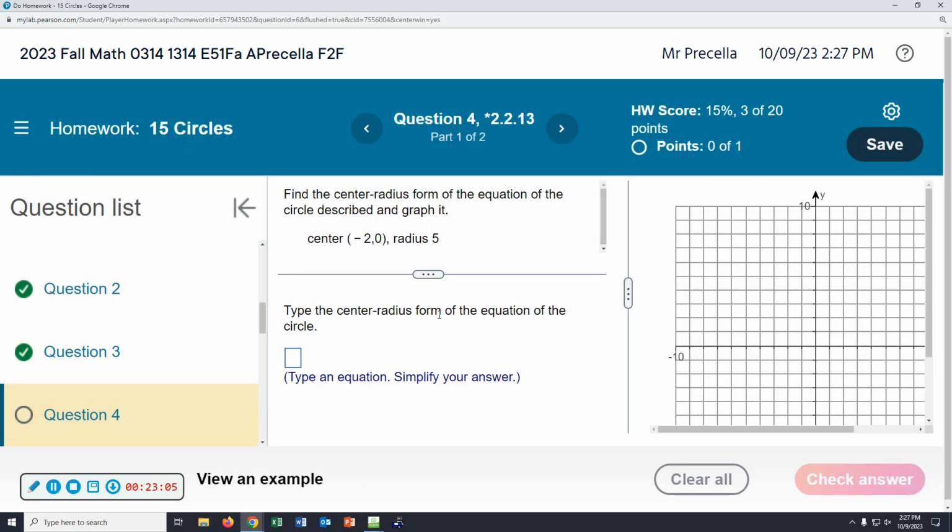And here's number 4. Let me write it down. The center is at negative 2, 0, and the radius is 5.